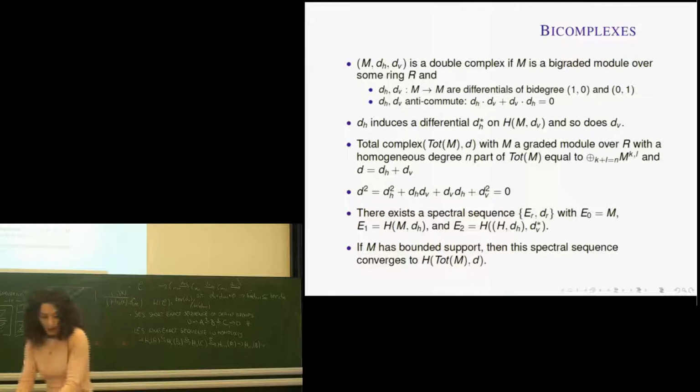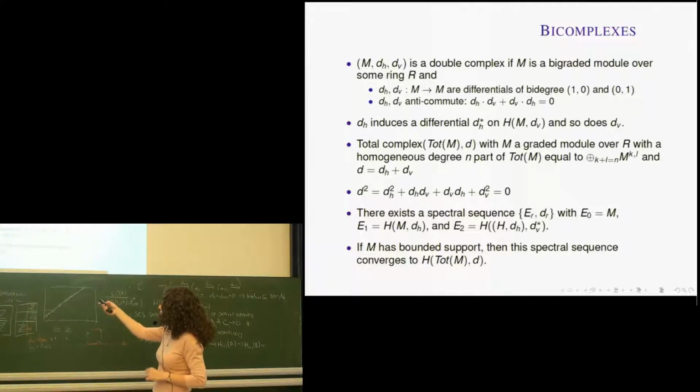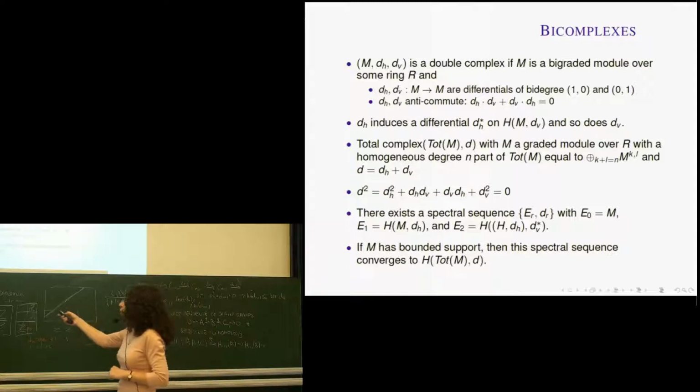So basically, the total complex M with respect to D, with M a graded module over R, and with a homogeneous degree n part equal to the sum of all of these bigradings such that k and l add up to n, and with respect to the sum of the differentials.